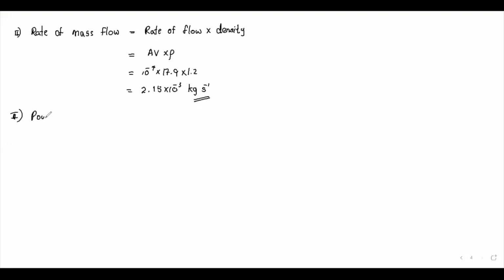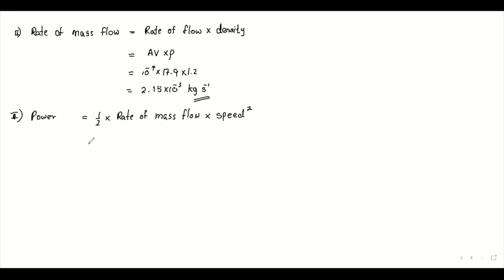So we'll first write an equation for this. Power, you can write the rate of mass flow, that's the mass per second, multiplied by the speed squared into half. You have to multiply this by half. So it's kinetic energy, half into mass per unit time multiplied by speed squared.